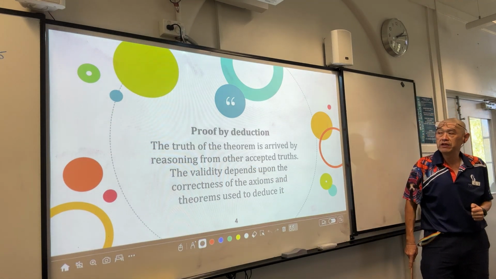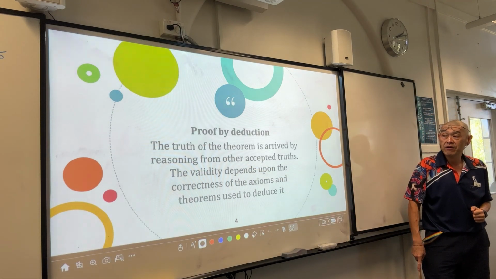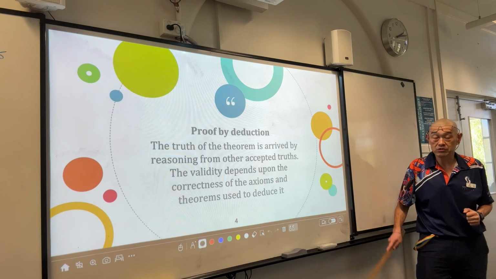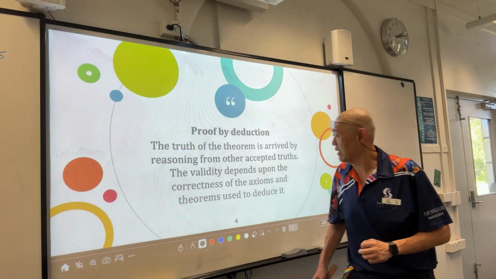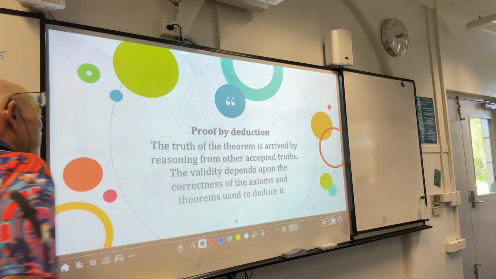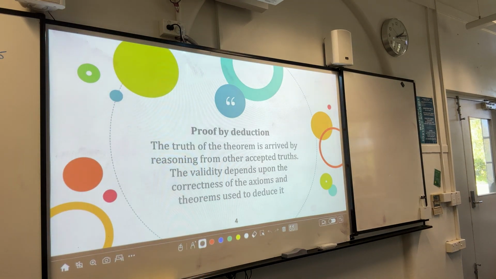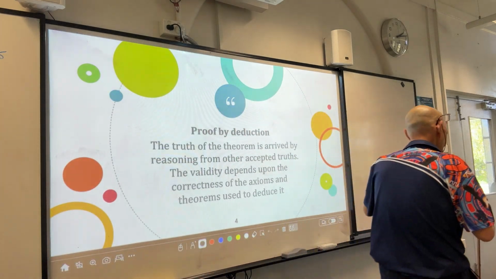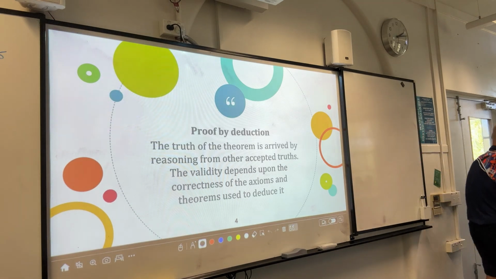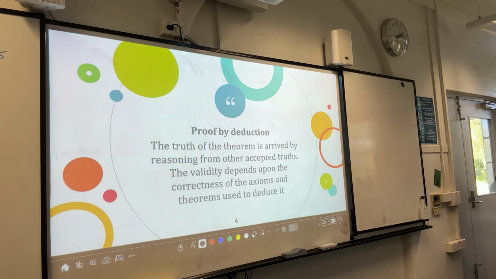The truth of the theorem is arrived at by reasoning from other accepted truths. The validity depends upon the correctness of the axioms and the theorems used to deduce it. So we need to think about how we're going to arrive at the conclusion through the reasoning, writing out all our reasoning and then proving by deduction.